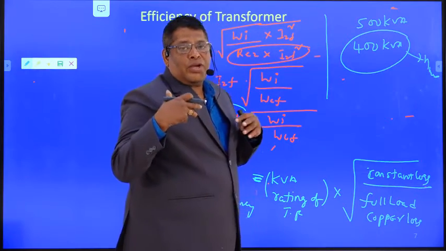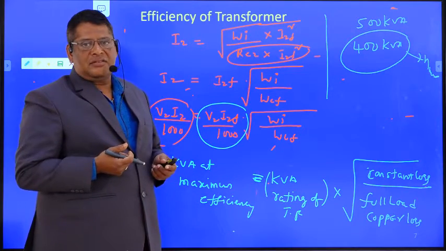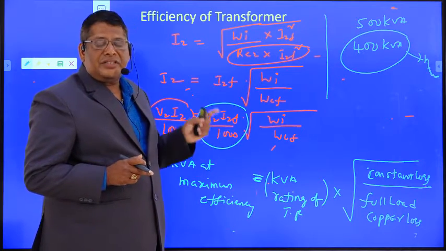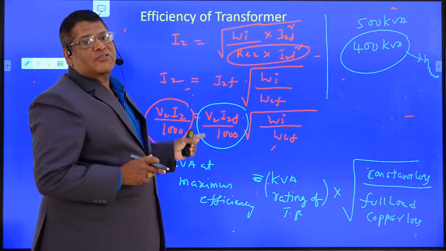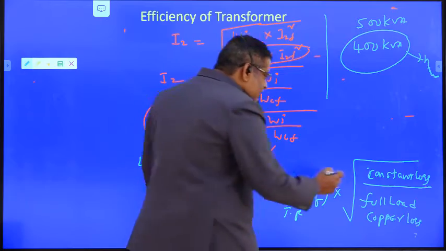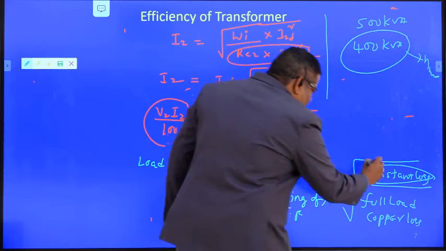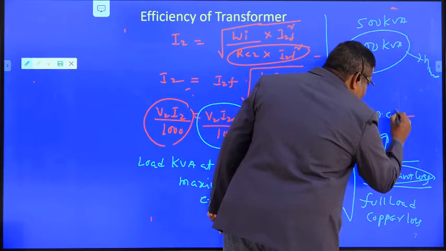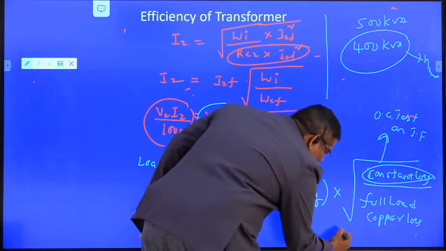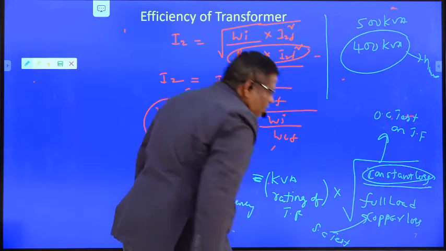Nothing but we are using the transformer in the best manner, so theoretically we are calculating the load kVA corresponding to the maximum efficiency. But this expression consists of constant losses. How do you find these constant losses? By conducting an OC test on a transformer. Full load copper loss: how do you find it? By conducting an SC test on a transformer.